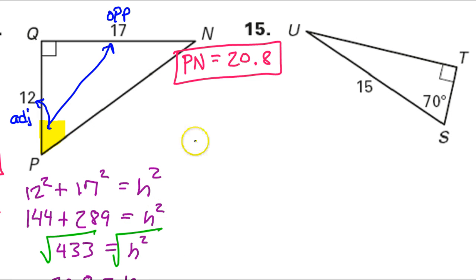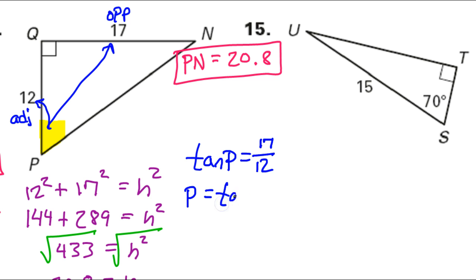So I will say the tangent of this unknown angle P is opposite over adjacent. So 17 over 12. Now if I want to find the measure of angle P, I will do the inverse trig function. So that will be the inverse tangent of 17 over 12.